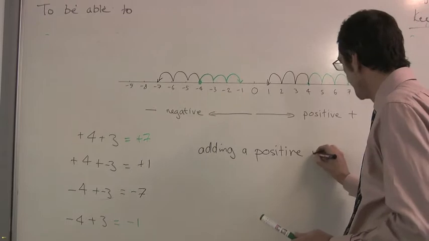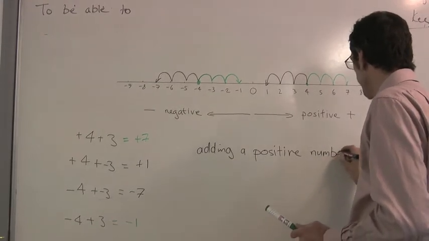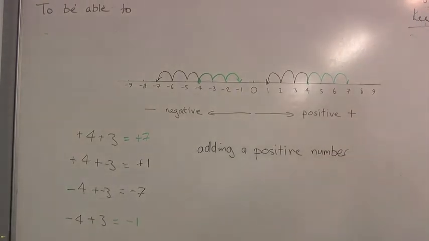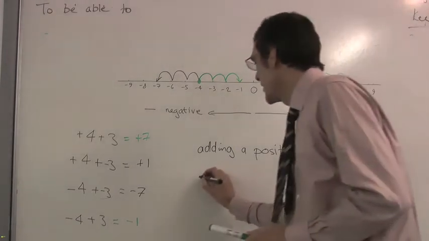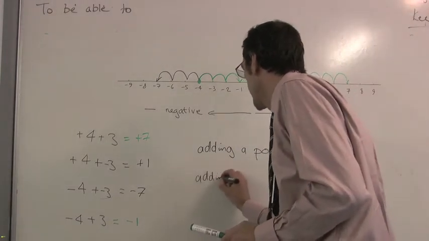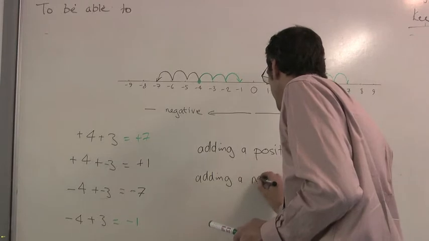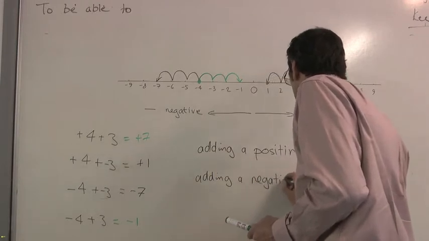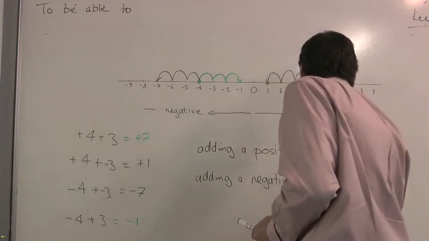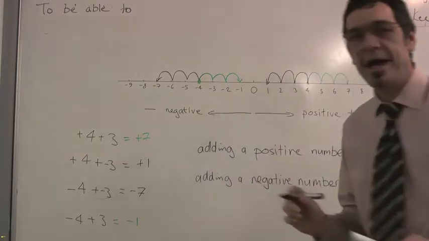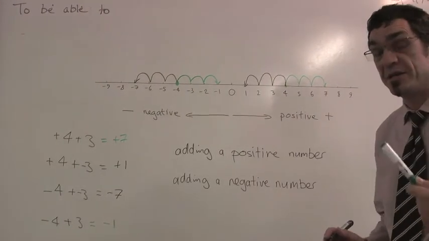Adding a positive number is just normal arithmetic, yeah? And adding a negative number, adding a negative is the same as subtracting a positive.